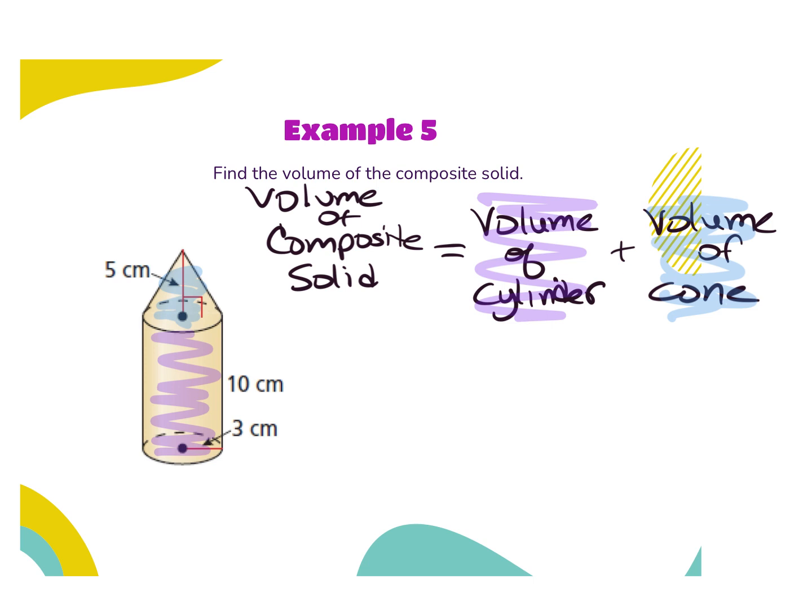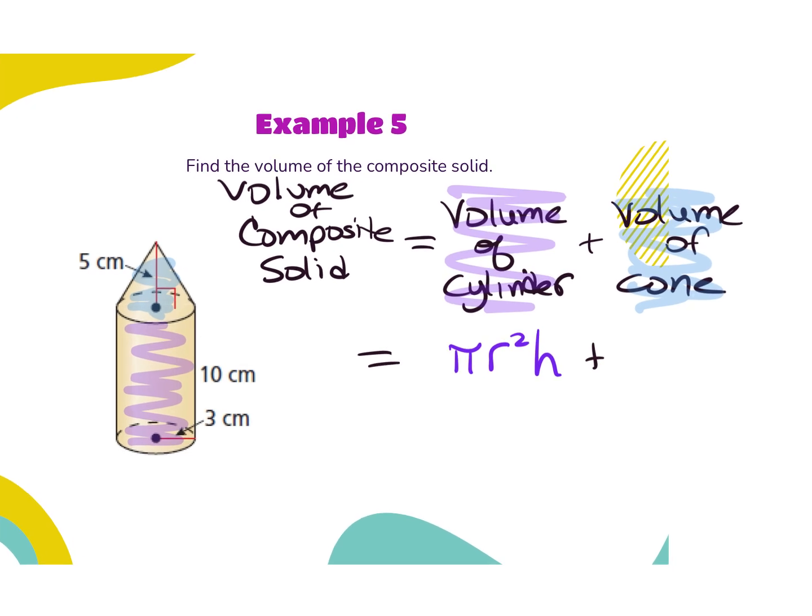So let's go ahead and write down the formula for volume of a cone and a cylinder. So for the cylinder, remember it's pi r squared times height. So it's the area of the base times how tall it is. And then this one is going to be 1/3 pi r squared height.